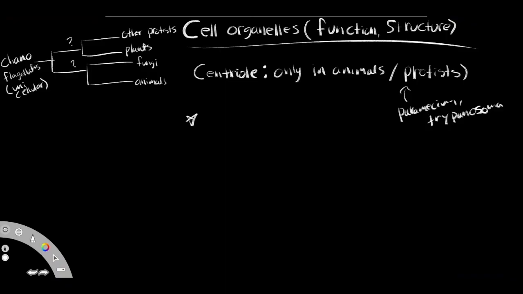So also important to note here in a star that plants and fungi have MTOCs. These are microtubule organizing centers, and typically all eukaryotic cells, so plants, animals, fungi, they all have it.